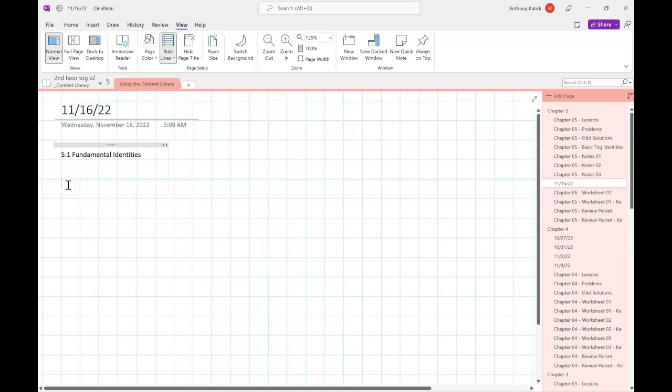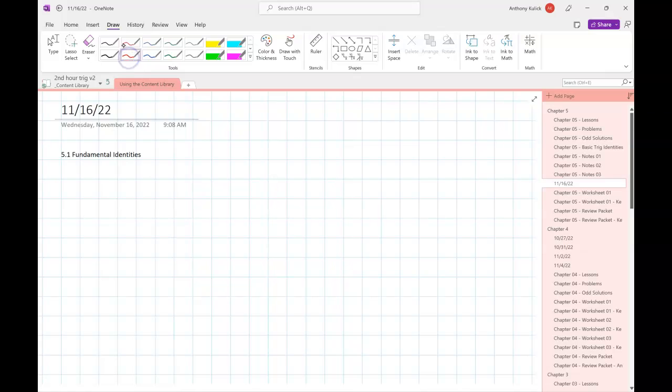So when I say an identity, what I mean is just an equality statement that's valid for the given variable.